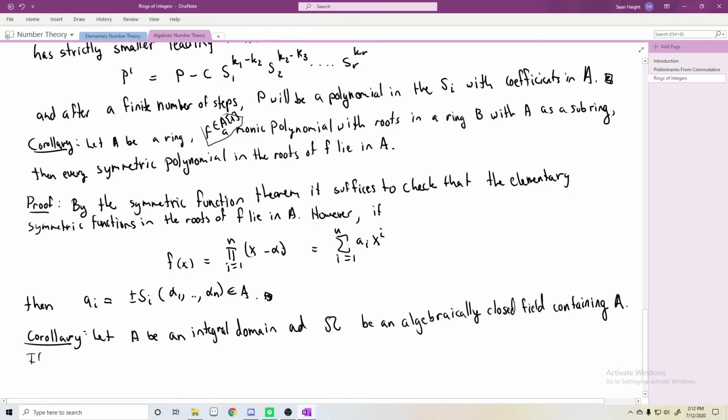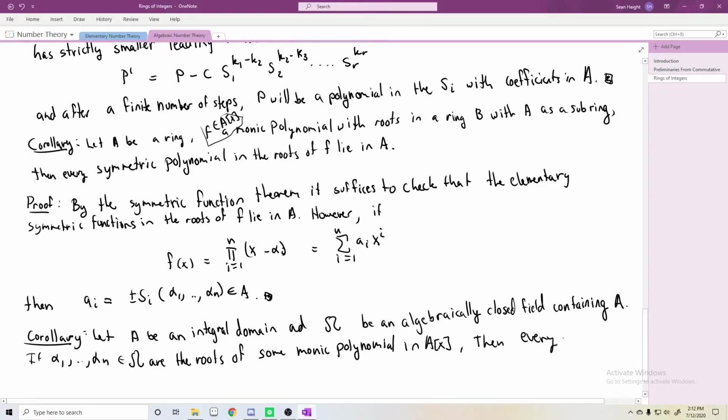So if alpha 1 through alpha n are the roots of some monic polynomial in A adjoin x, then every polynomial g in alpha 1 through alpha n is integral over A.